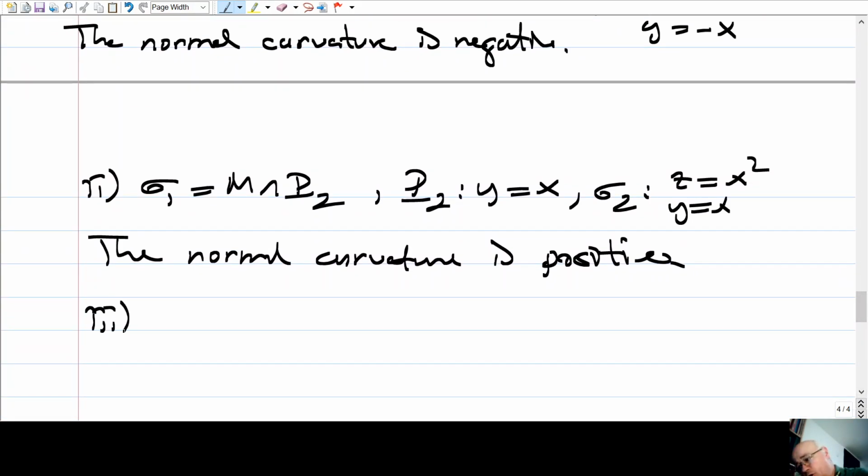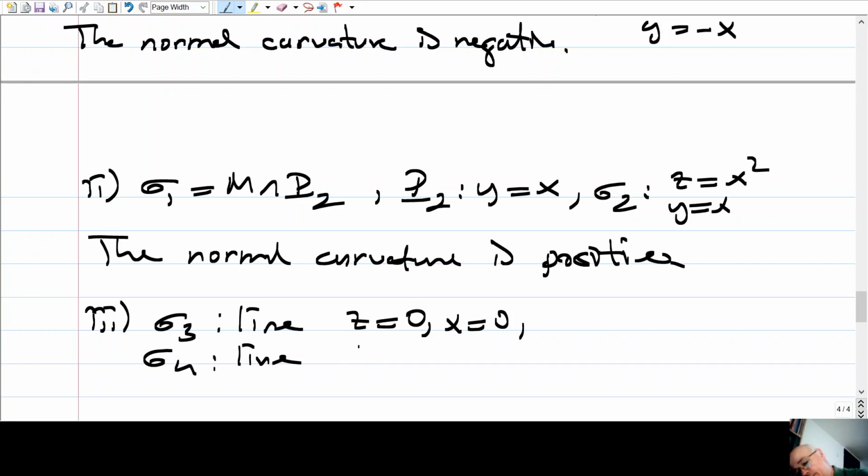For the other two curves, sigma 3 is a line. This is the line given by z equals 0 and x equals 0. And sigma 4 is also a line given by z equals 0 and y is 0. So actually sigma 3 is the y axis and sigma 4 is the x axis.